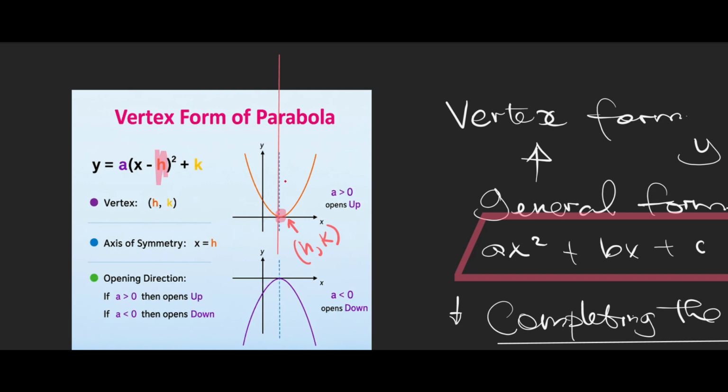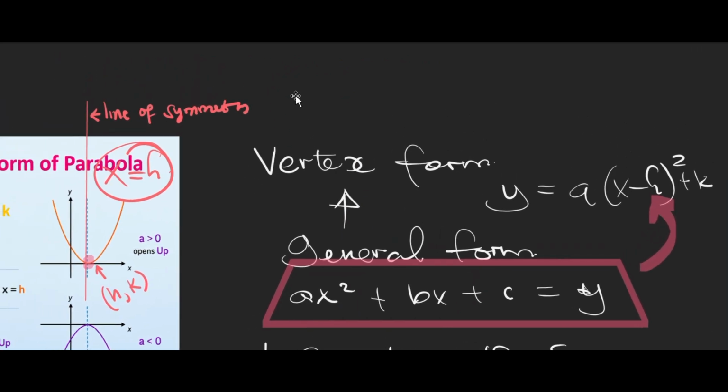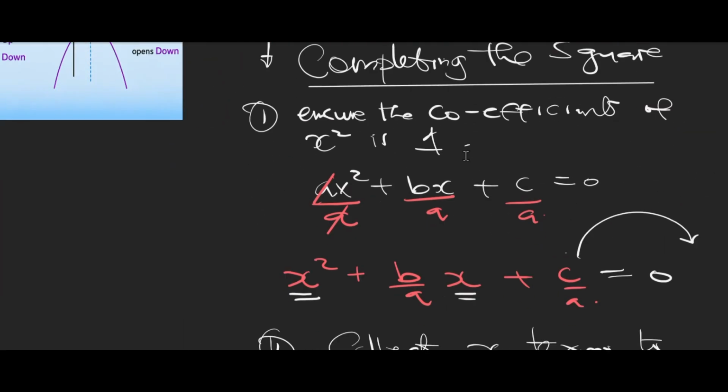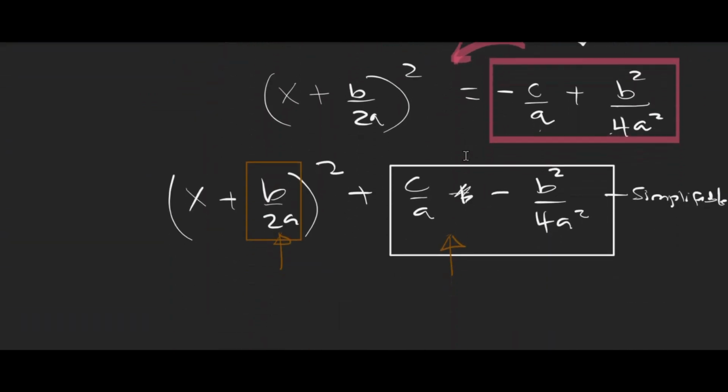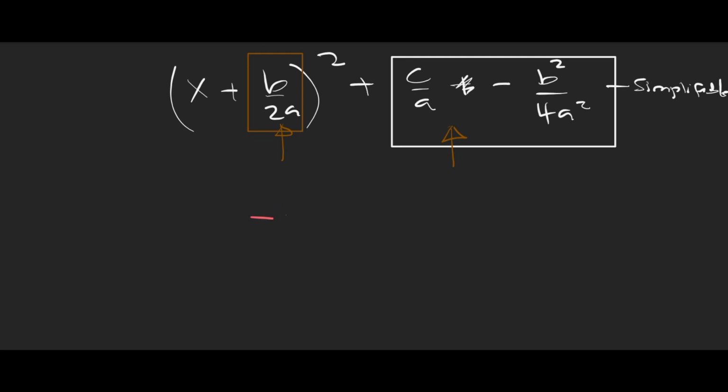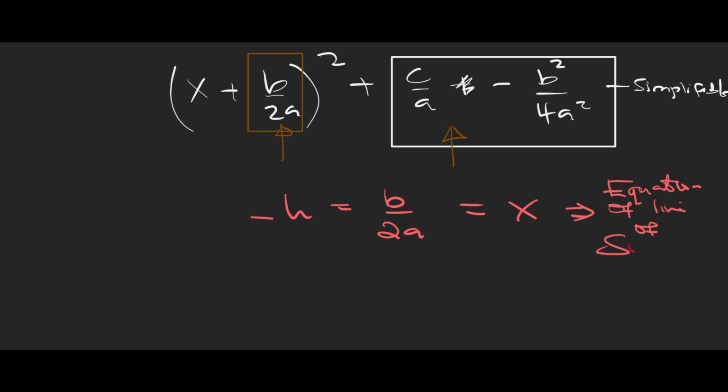That's your line of symmetry. The line of symmetry is x equals h. And where is h located in this equation? It is here. So the negative of h will always be b all over 2a, which also happens to be the equation of the line of symmetry.